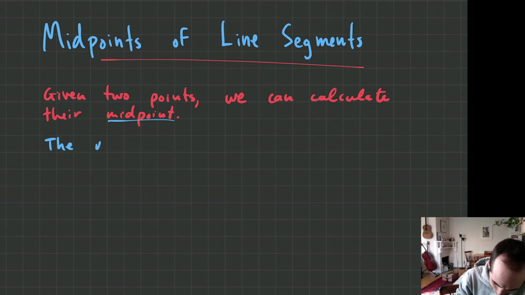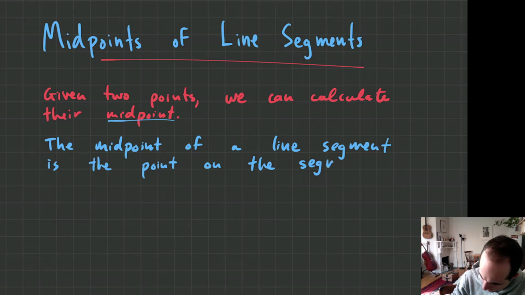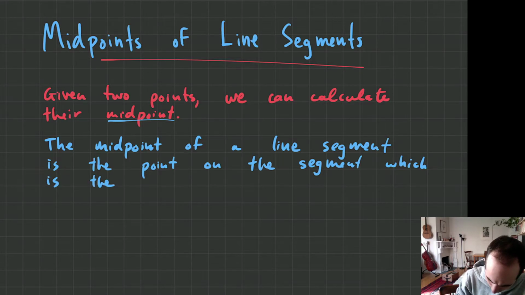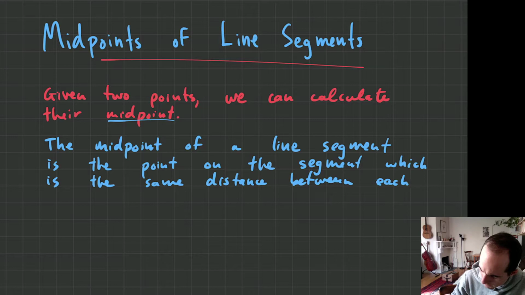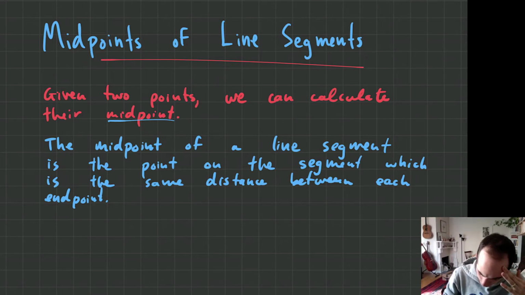So the midpoint of a line segment is the point on the segment which is the same distance between each endpoint. Okay, so that's what the midpoint is.